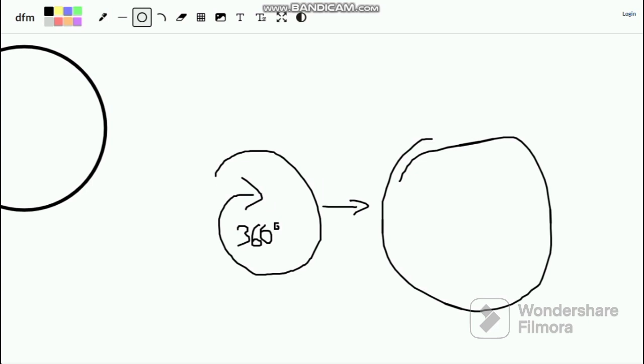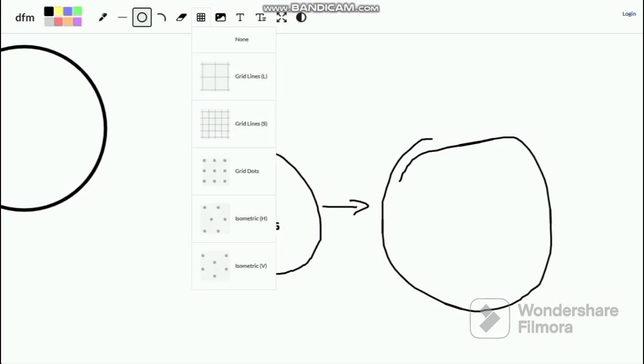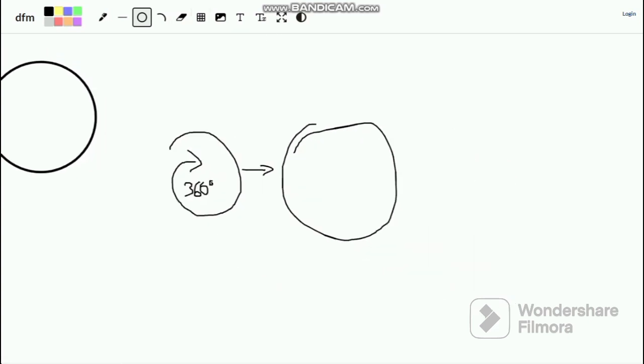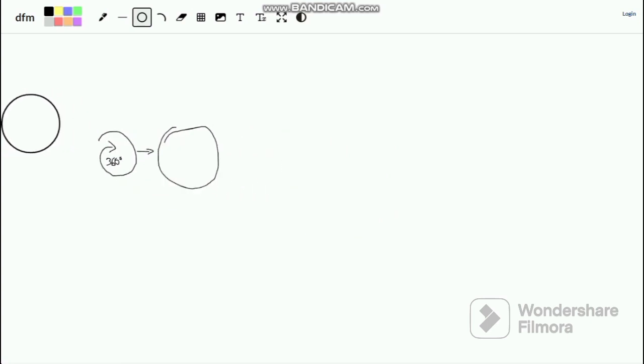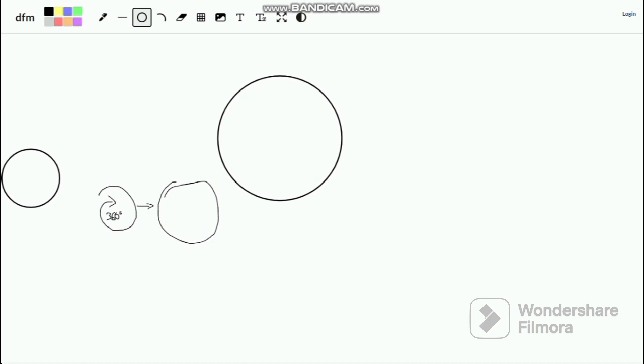So this circle right here is basically a revolution, and a revolution is 360 degrees.